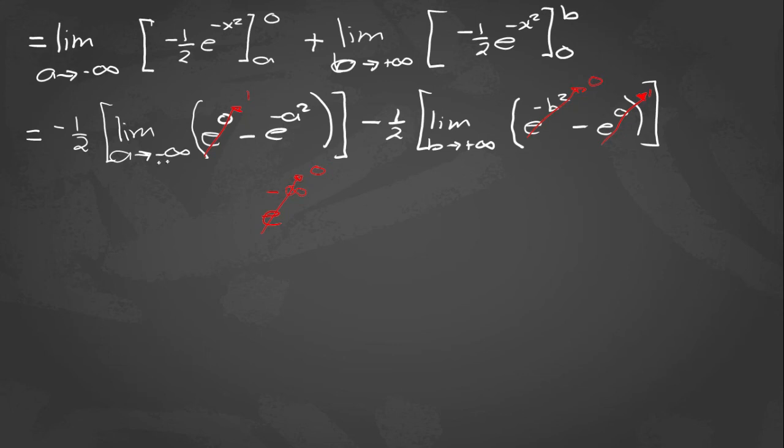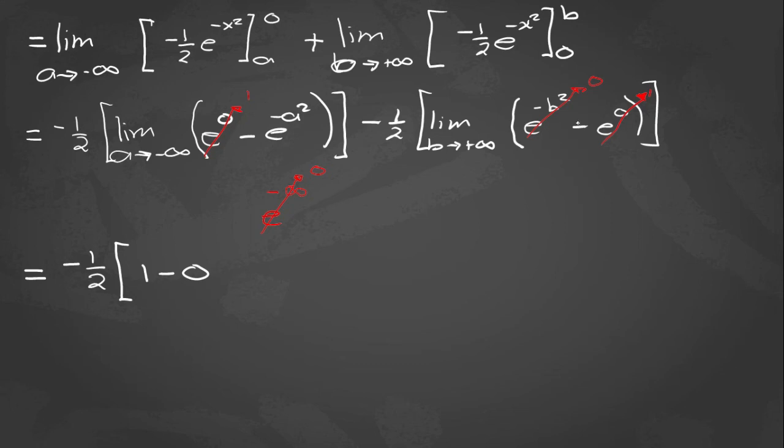Now, from simplifying our equation, we have negative 1/2 here, and this one, so negative 1/2, and we have here 1 minus 0, and we have here 0 minus 1.